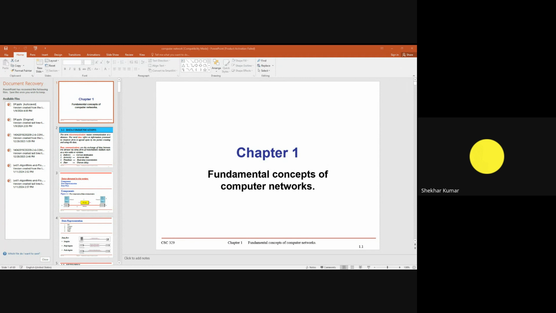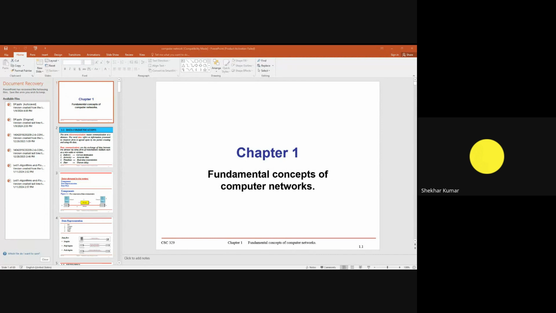Then what is this computer network? How will you define the computer network? So a computer network is simply defined as interconnection of two or more independent computers.